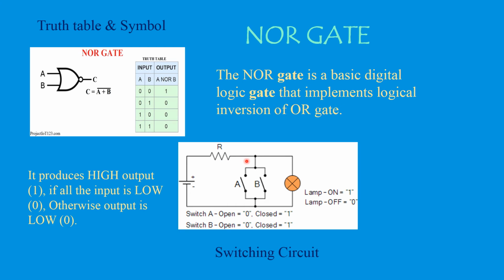So if the electrons start flowing through this A now, then most of your electrons will get grounded. And similarly for the other condition, when A is open and B is closed, the same will happen. So in other words, you won't have enough electrons to trigger your lamp on. So this is how you'll have the output to be 0.